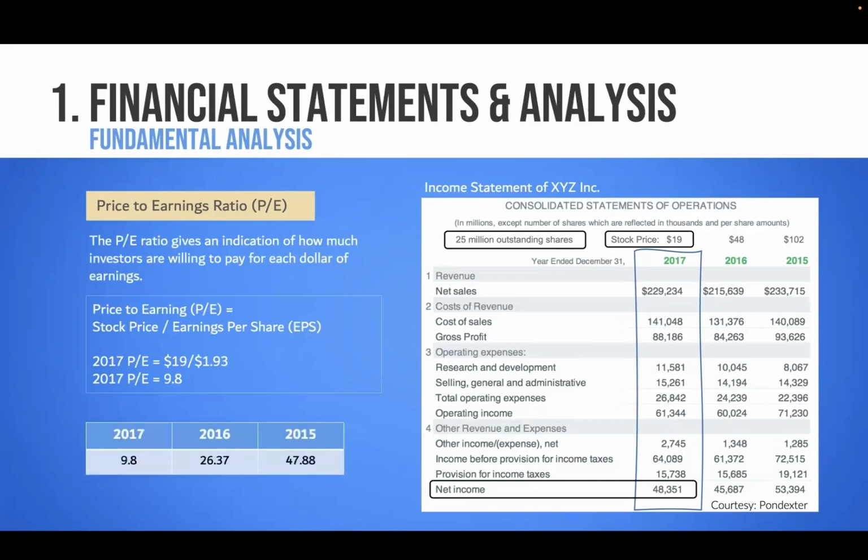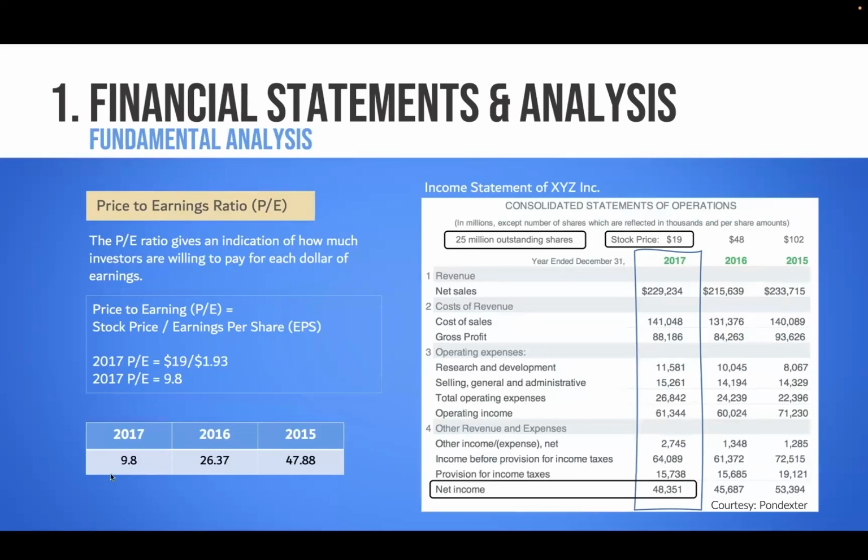So the example here is this company's stock price was $19 in 2017. What it's saying is the price of the stock is 9.8 times greater than the actual earnings, roughly 10 times bigger than the earnings.